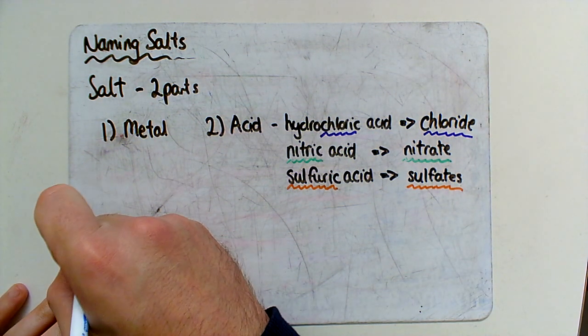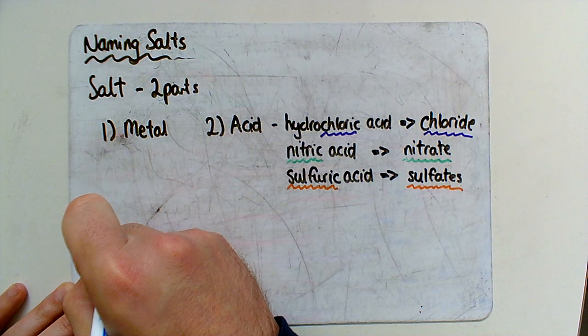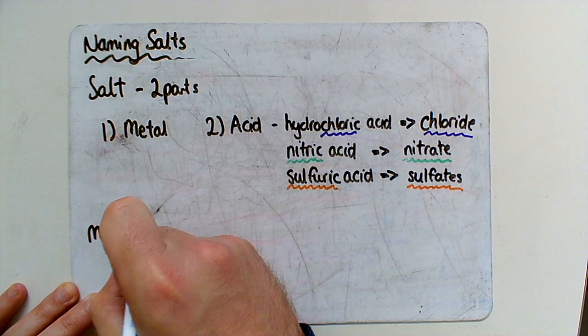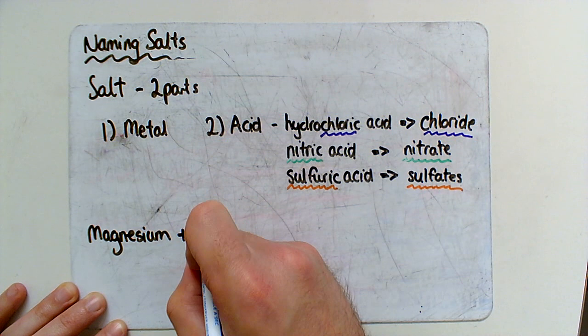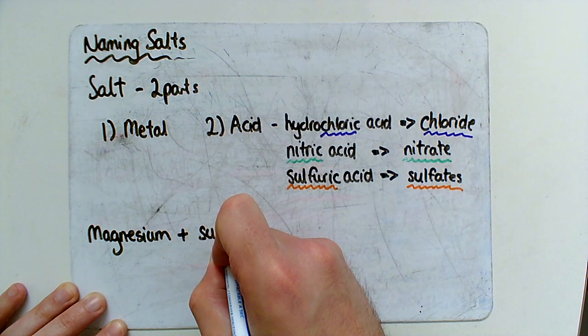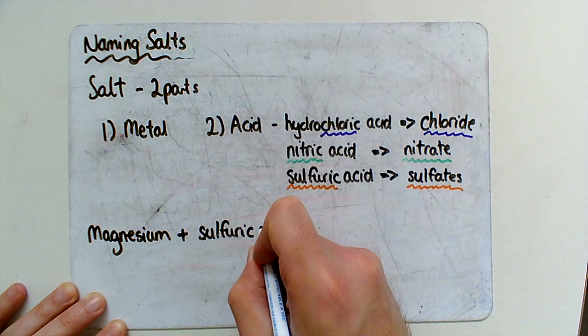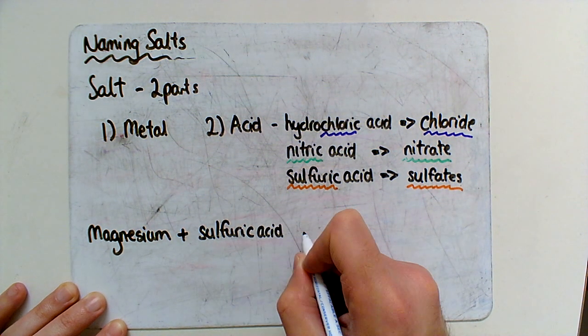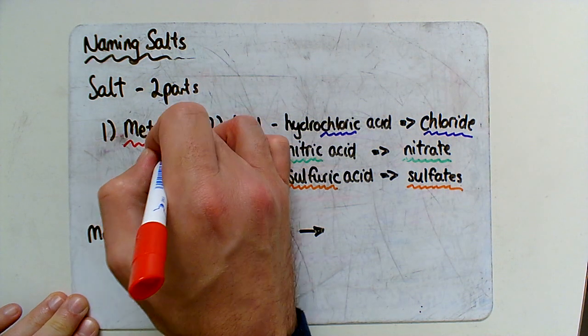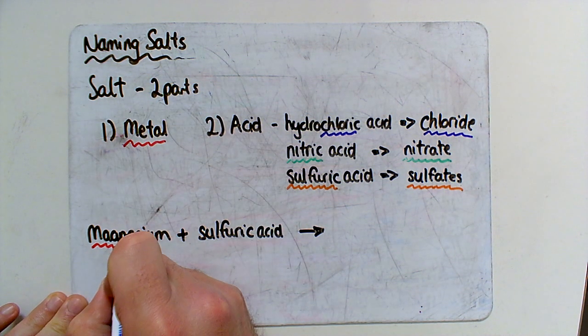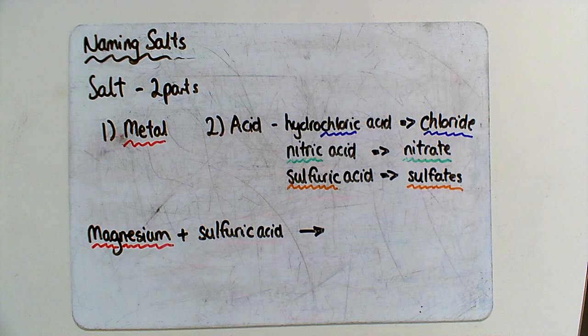So if we have an example of a situation, we've got magnesium reacting with, let's go for sulfuric acid. We are going to get a salt. Now, we know that the first part of the salt comes from the metal, and we have magnesium.